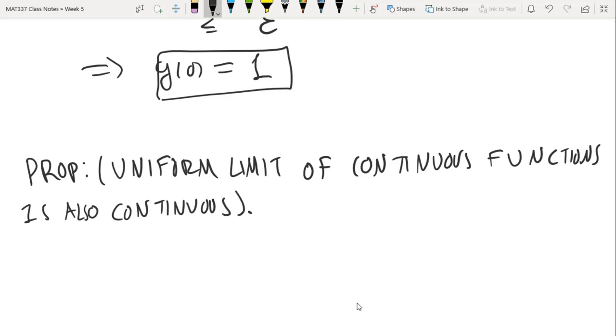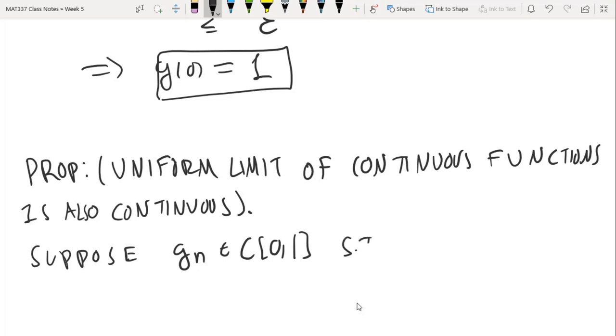That means suppose g_n in C[0,1], the interval doesn't matter, but it's more convenient, such that g_n minus g in the sup norm goes to 0.